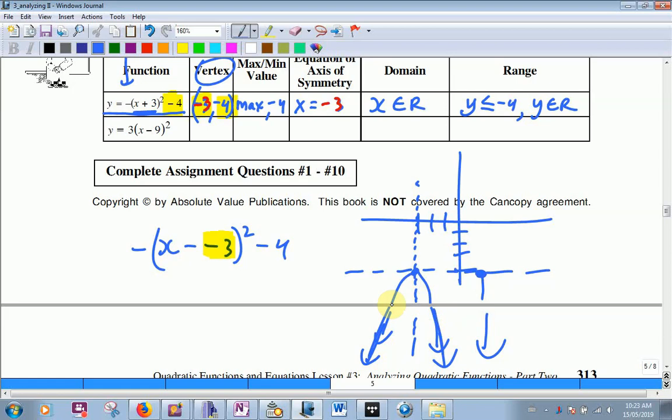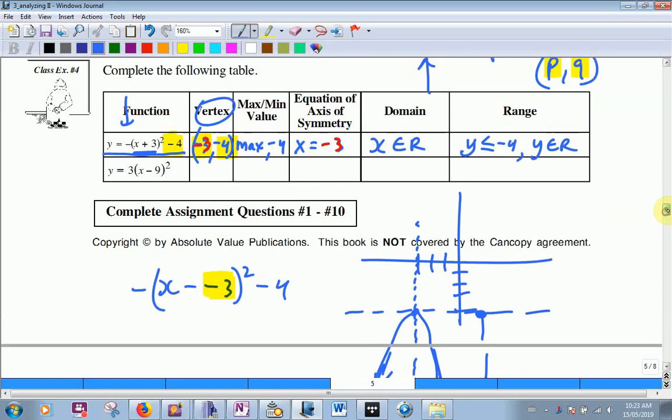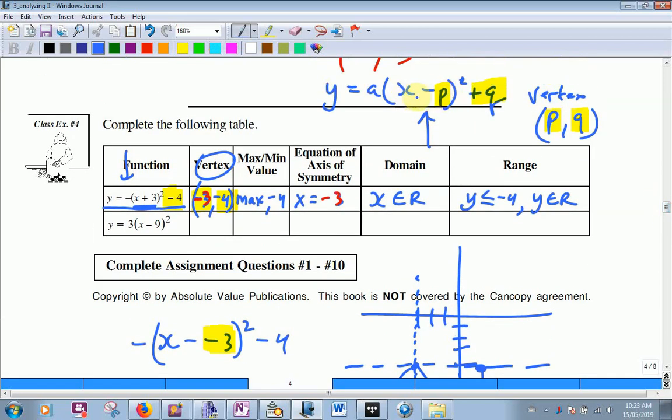Okay, last one. What's the vertex here? It's in this form, x minus p. p is 9. What's q? Yeah, if you like, put it in there. Okay, that thing got moved 9 units right, not up or down, so my vertex is not (0, 0), it's (9, 0).